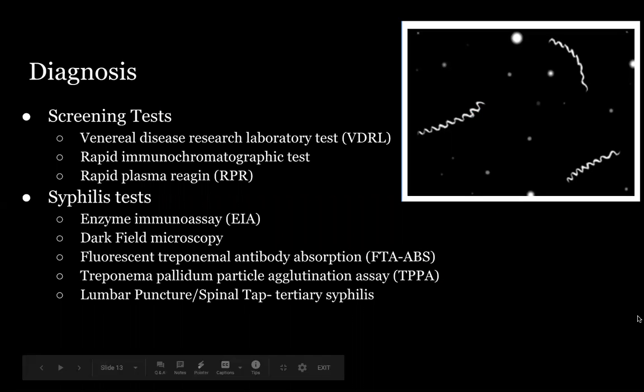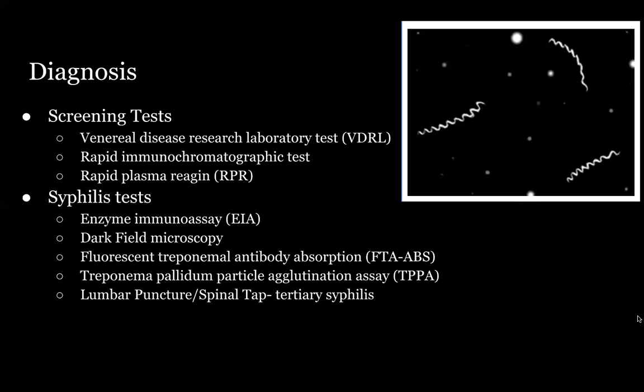Syphilis diagnosis. Screening tests are used to detect potential health problems in an individual. Examples of screening tests for syphilis include the venereal disease research laboratory test, the VDRL test. This test checks blood or spinal fluid for antibodies that can be produced in people who have syphilis.